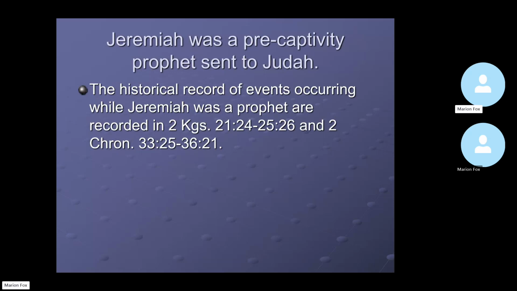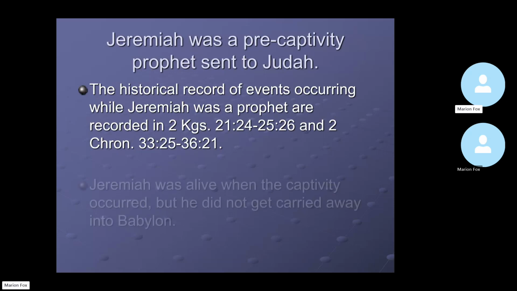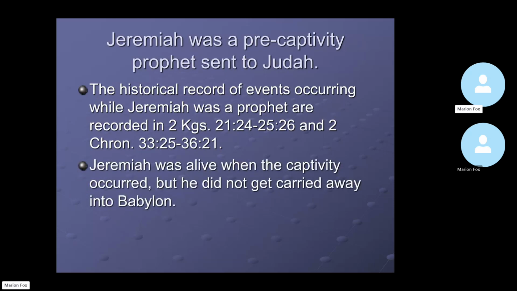Again, we encourage you to study these historical accounts to know what's going on in the kingdom, and you'll get a better feel for what's in the book of Jeremiah. He was alive when the captivity occurred. He did not get carried away to Babylon.